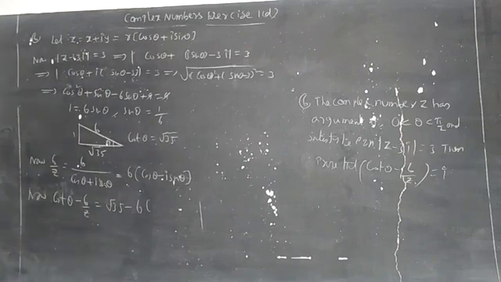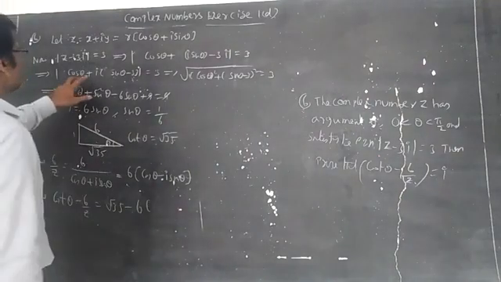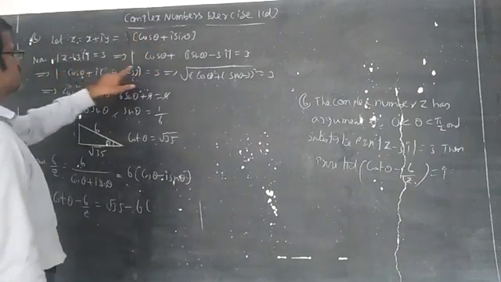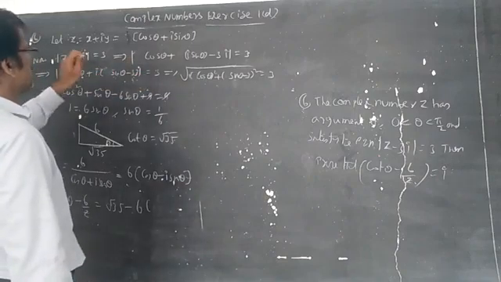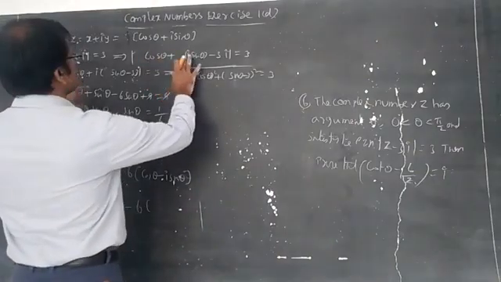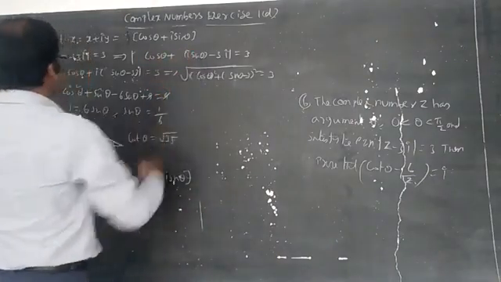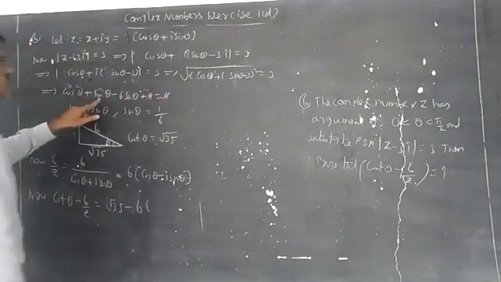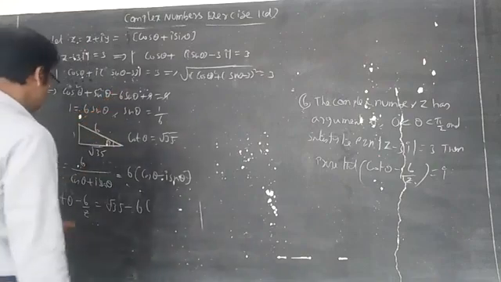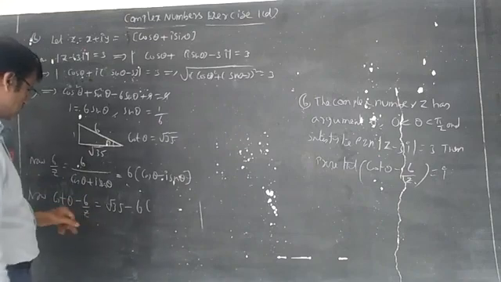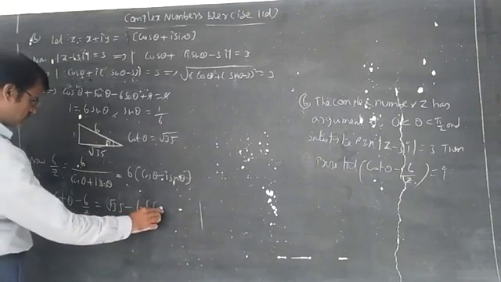Then prove that cot theta minus 6 by z is equal to I. Mod z minus 3 is equal to 3 is correct. Z means cos theta plus I sin theta. Mod z minus 3I, I take it common: cos theta plus sin theta minus 3 whole square, cos square theta plus sin square theta minus 6 sin theta plus 9, everything okay. It is also okay. 6 by z. Now we need to calculate here 6 into cos theta minus I sin theta.